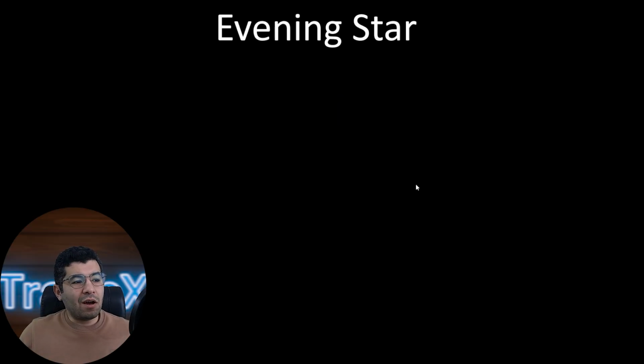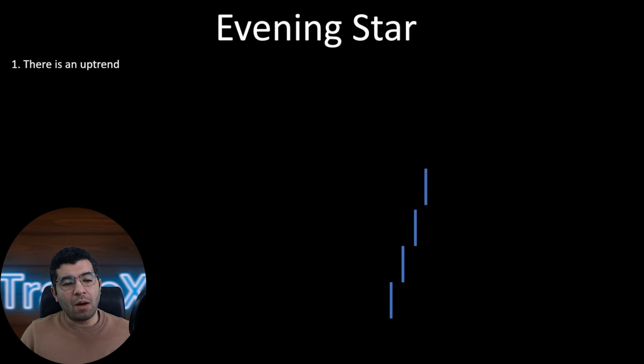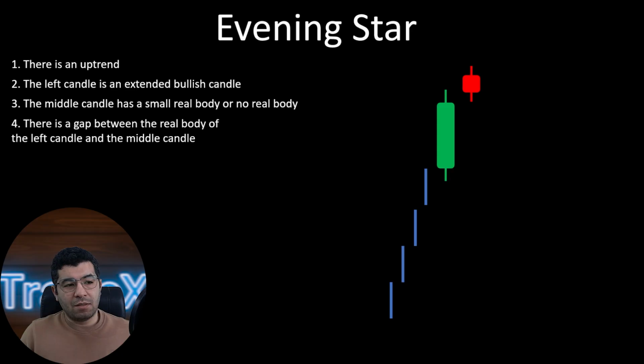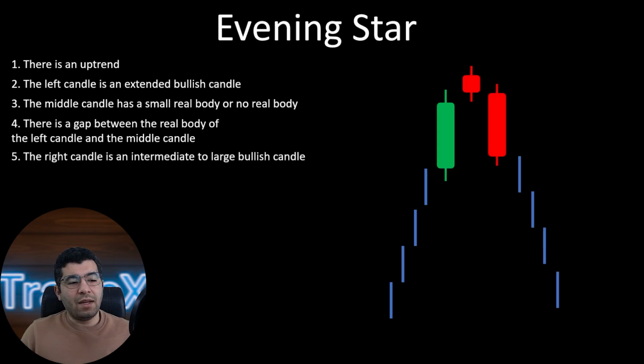So now let's talk about the evening star. The first condition is there should be an uptrend, and then we have an extended bullish candle, then again small candle which has no real body or really tiny real body, and then again a bearish candle. It is exactly the same as morning star, but it's completely reversed.